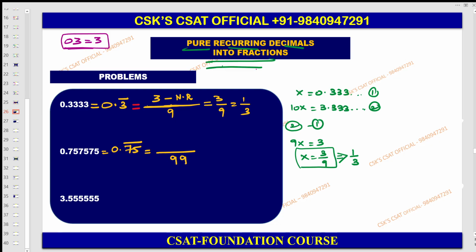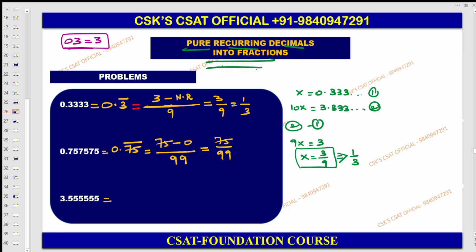Remember the shortcut, then apply that in the examination. Now in the numerator, total minus non-recurring. Non-recurring is 0. So this is nothing but 75 by 99.